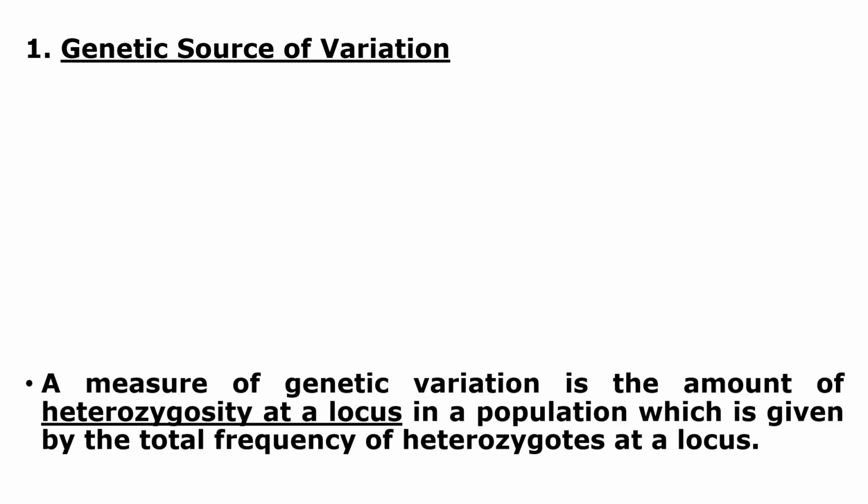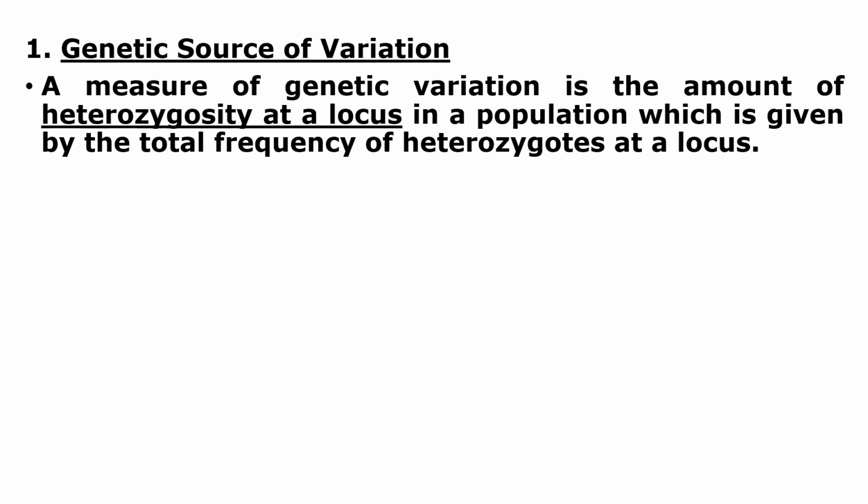Let's look at genetic sources of variation. Genetic variation is a measure of the amount of heterozygosity at a locus in a population, which is usually given by the total frequency of heterozygotes at a gene locus.